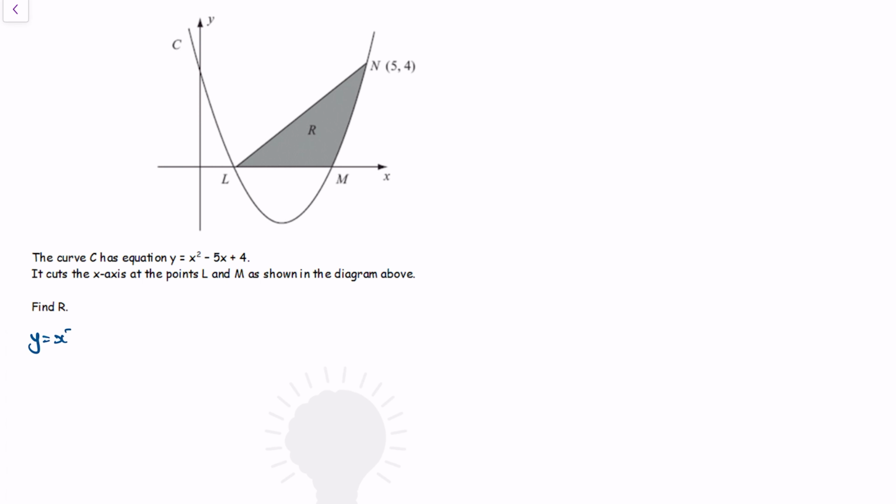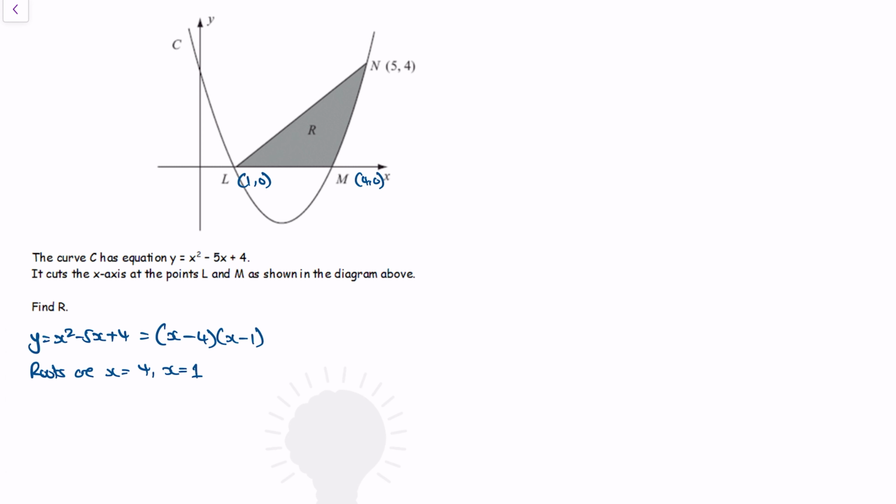That factorizes to x minus 4 times x minus 1, which means the x-intercepts, the roots, are x equals 4 and x equals 1. So L is 1, 0 because it's the smaller number, and M is 4, 0.